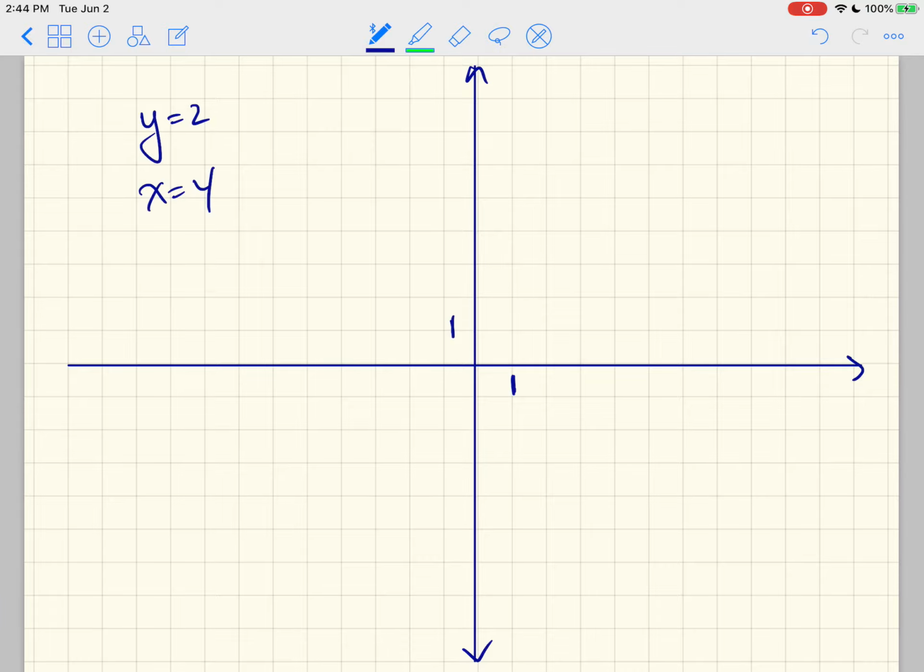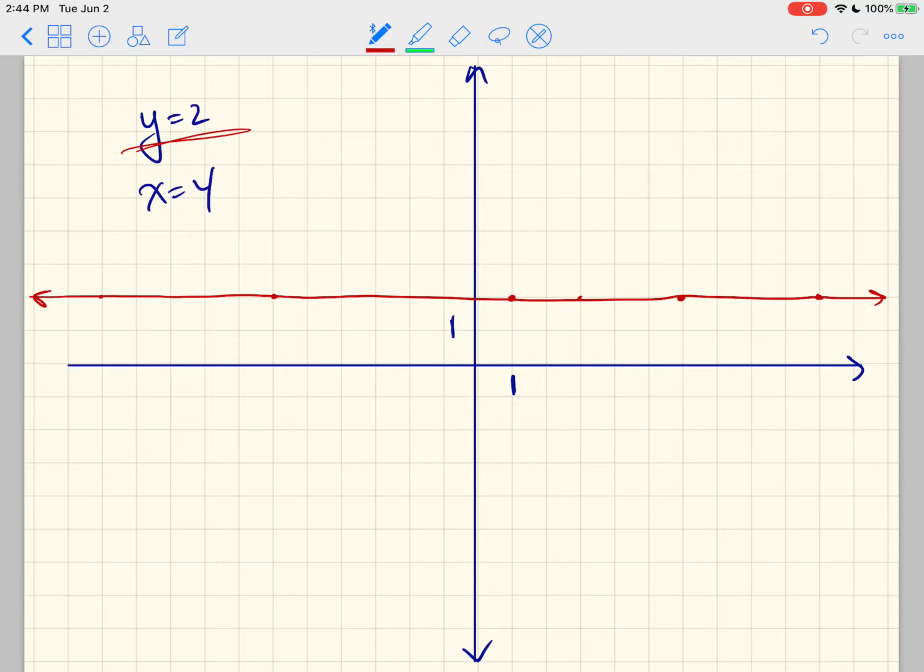All right, so let's start with y equals 2. Y equals 2. So a y coordinate of 2. Y is equal to 2. Y is also equal to 2 over here, and it's equal to 2 over here, and here, and here, and 2 here. So we're actually covering all the places where y is equal to 2.